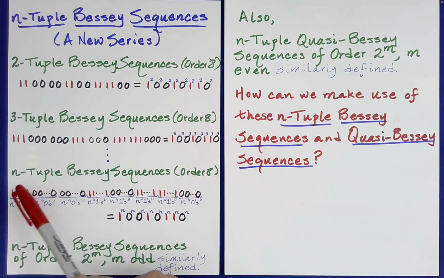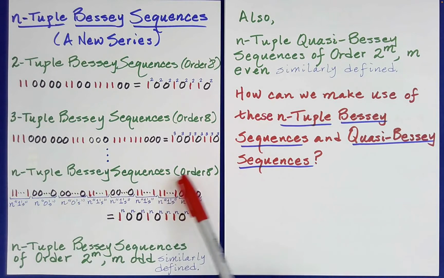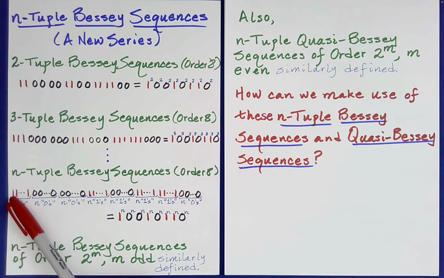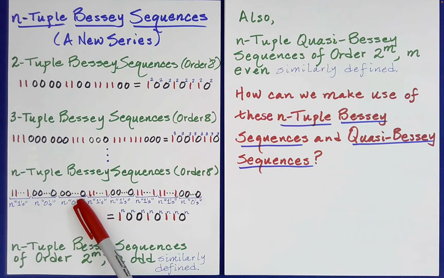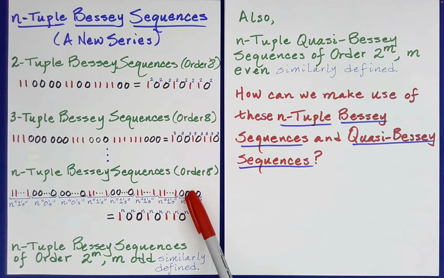In general, an n-tuple Bessey sequence of order 8 will be where we have n 1s, followed by n zeros, followed by another set of n zeros, followed by n 1s, and so forth. Mathematically, we'll write this n-tuple Bessey sequence in this way here.